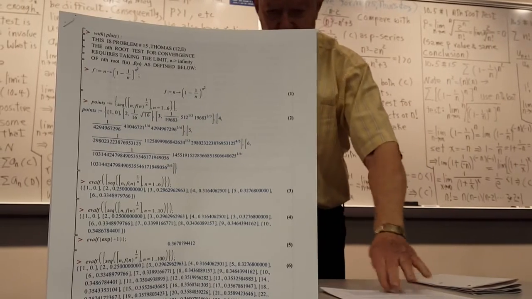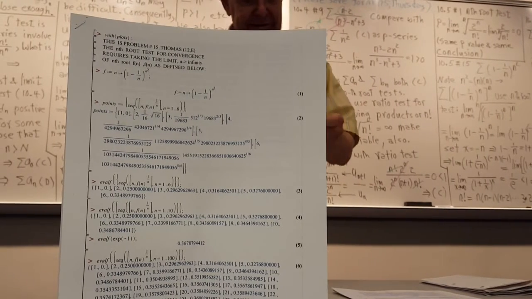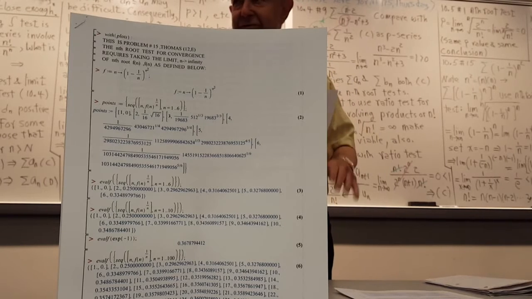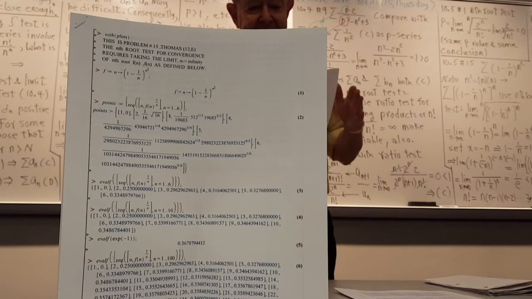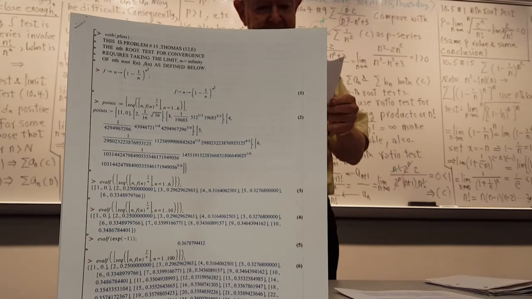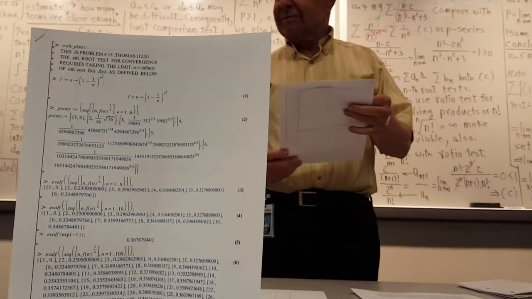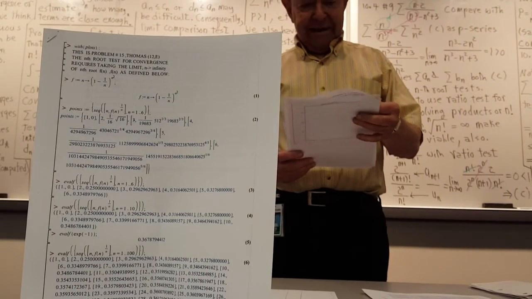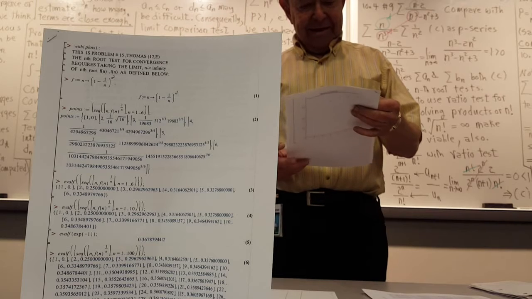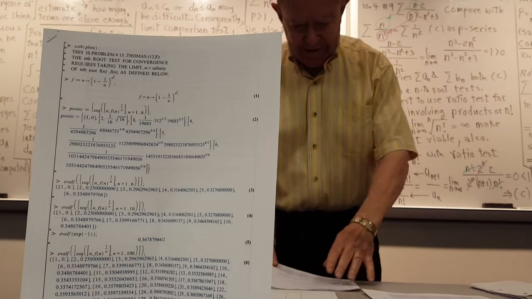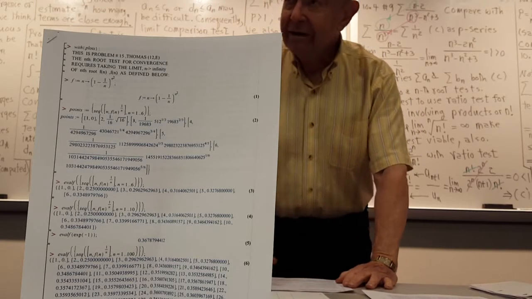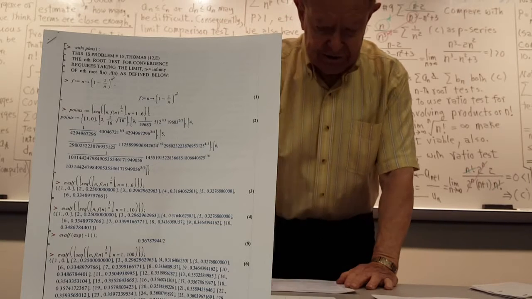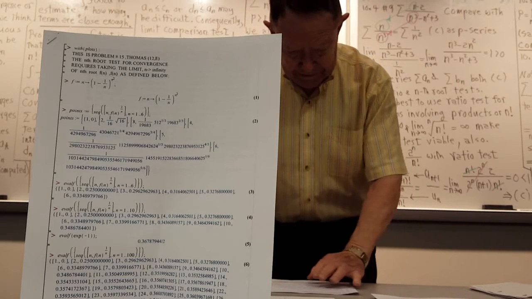and then what I'm calling points is the set of values for the sequence nth root of f of n from 1 to 6. See, I'm thinking about an nth root test by taking the nth root of what I'm calling f of n, which is my general term.